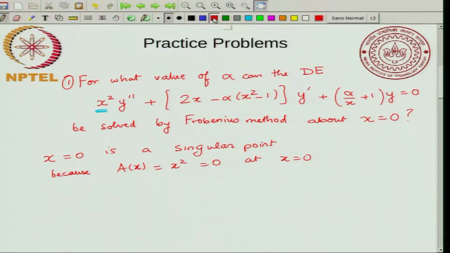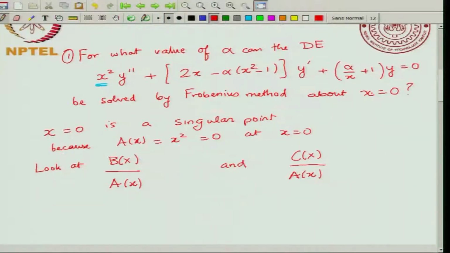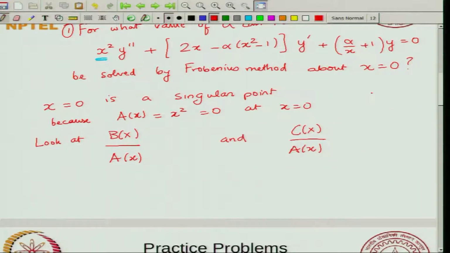So then what should you do? You look at b of x divided by a of x and c of x divided by a of x. So b of x is basically 2x minus alpha x square minus 1, c of x is alpha by x plus 1, and a of x is x square. So we look at these two and then we decide whether you can use the Frobenius method and what should be the condition on alpha in order to use it.